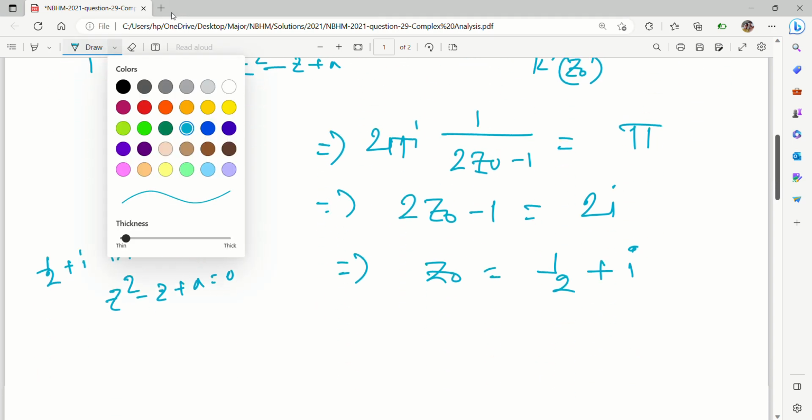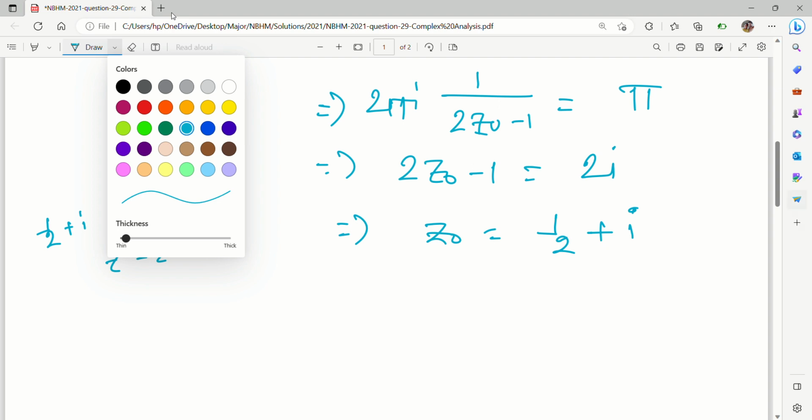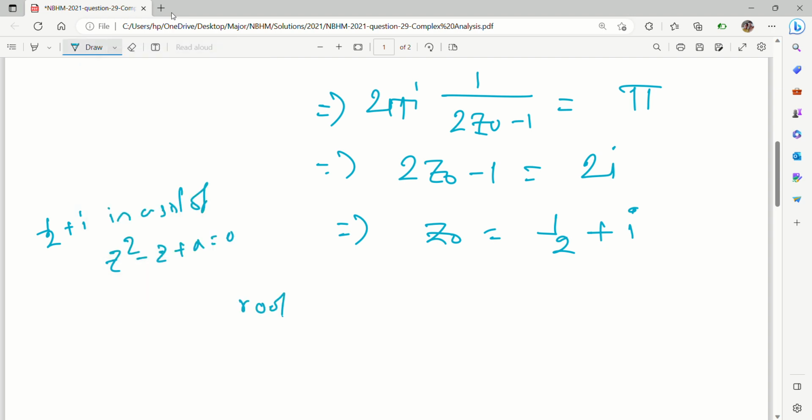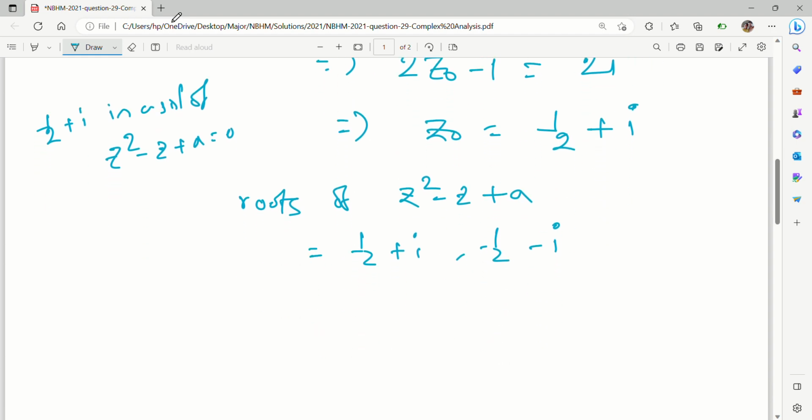So what do we have? One root is half plus i. The roots of the quadratic z square minus z plus a are 1 upon 2 plus i and 1 upon 2 minus i, right?